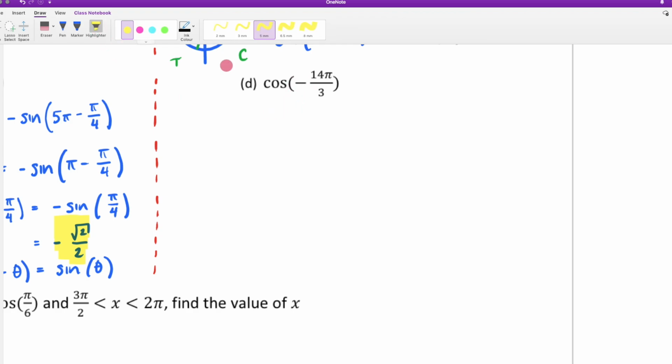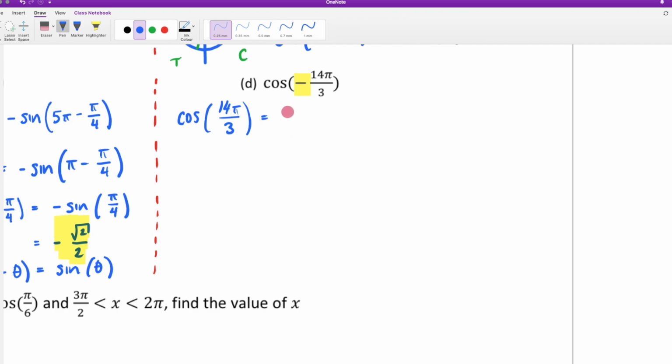The first thing I'm going to do is take note of the fact that I have a negative here, and I know that my rule for when I have cos of a negative angle is I can just get rid of that negative. I don't even have to think about it. So it's just going to be the same as cos of 14 pi over 3. I now am going to break that up into an angle plus an angle from my first quadrant.